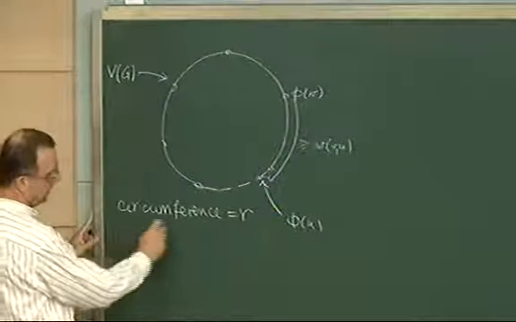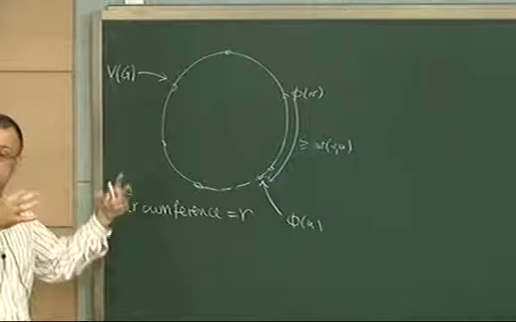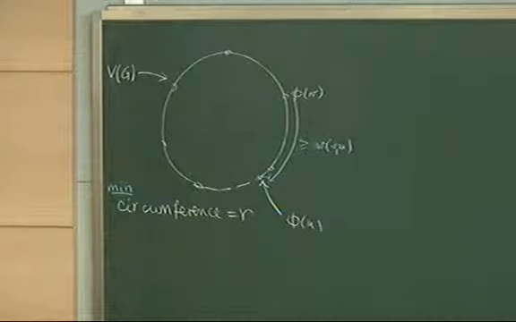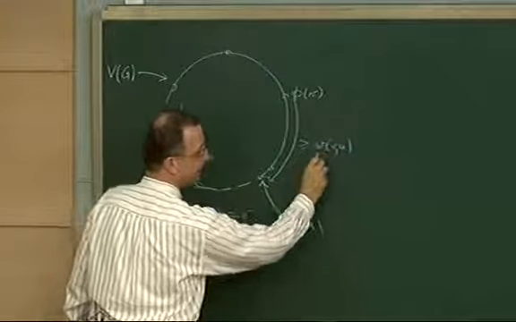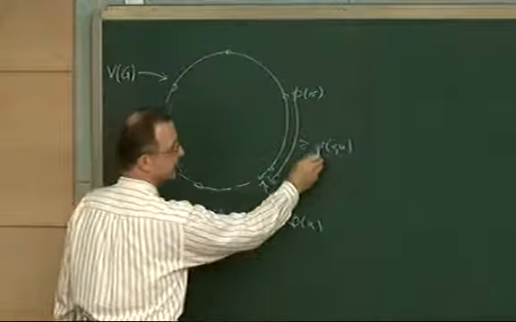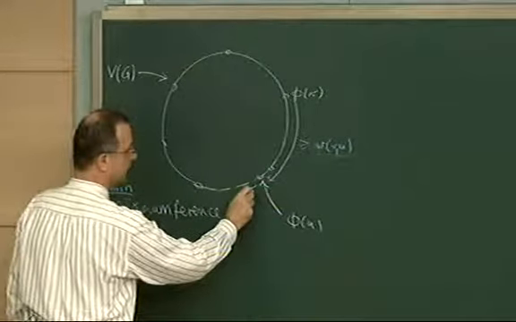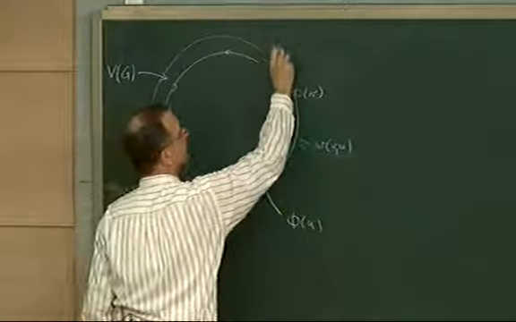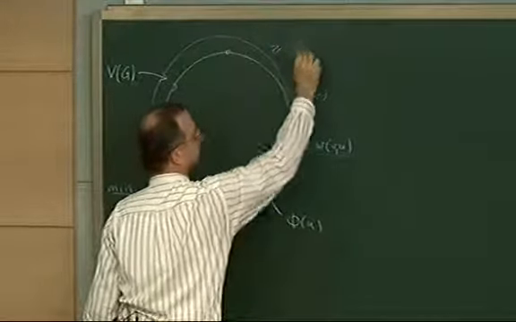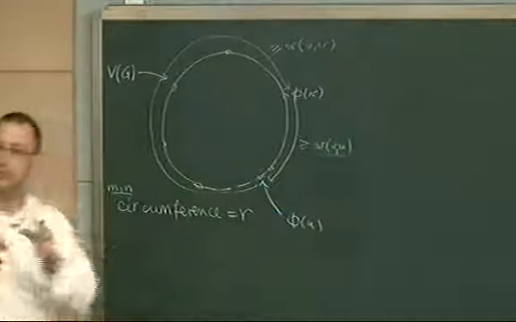Now, here you want to minimize this circumference. The minimum possible would correspond to the minimum possible number of colors. Another thing which you can realize is that these weights need not be symmetric. So you will also require that this distance going around is at least the weight from u to v. So the weights need not be symmetric.